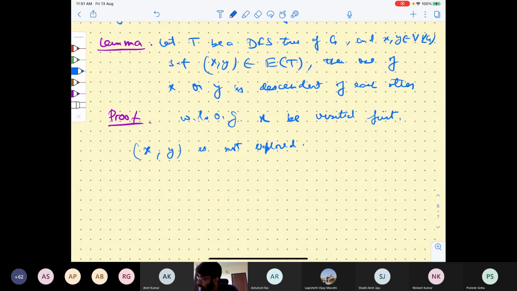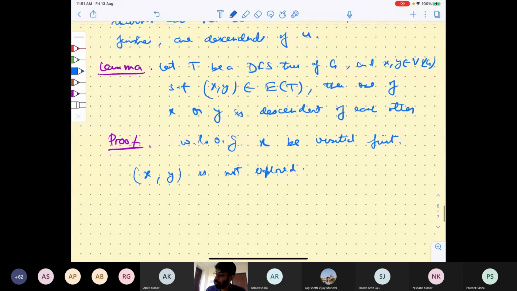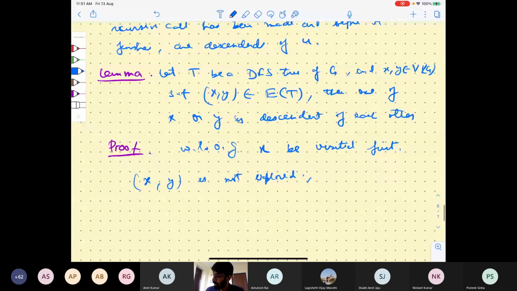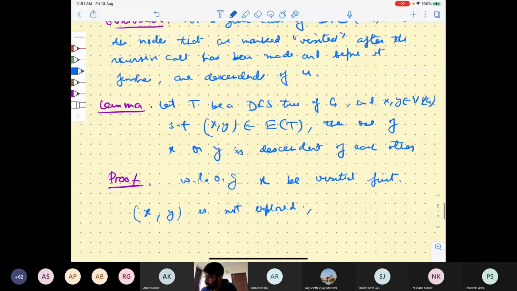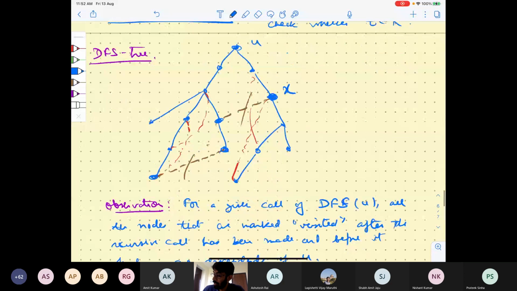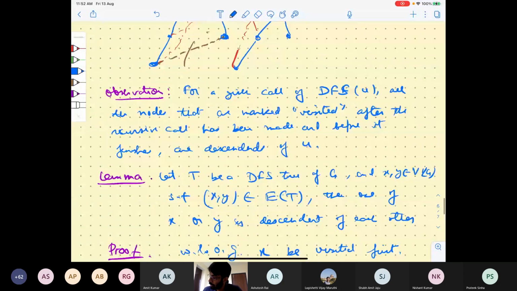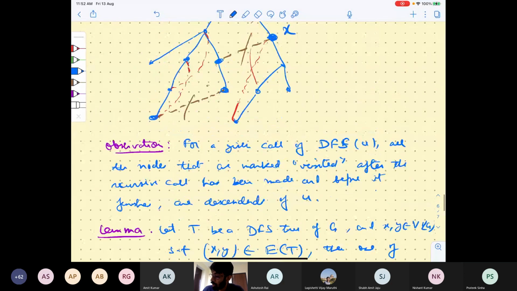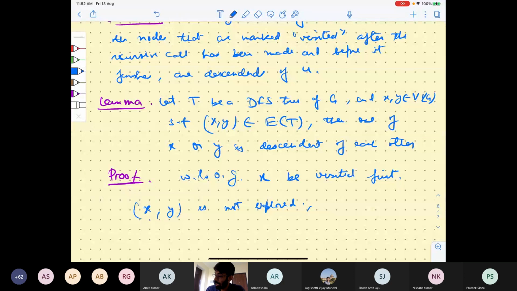Yes, because if xy was explored, then y would be marked visited, and then this edge would be in the tree. So if xy is not explored, then you first visit x. Let x be here, and then you have the edge xy, which is not a tree edge. If xy was explored, then y would be marked visited. So y is not marked visited.